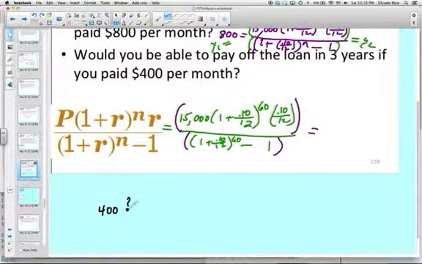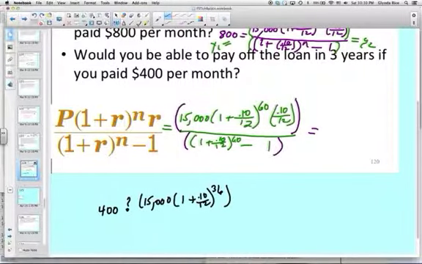The question is, would that work if you still borrow $15,000, same rate, 3 years, 3 times 12, 36.